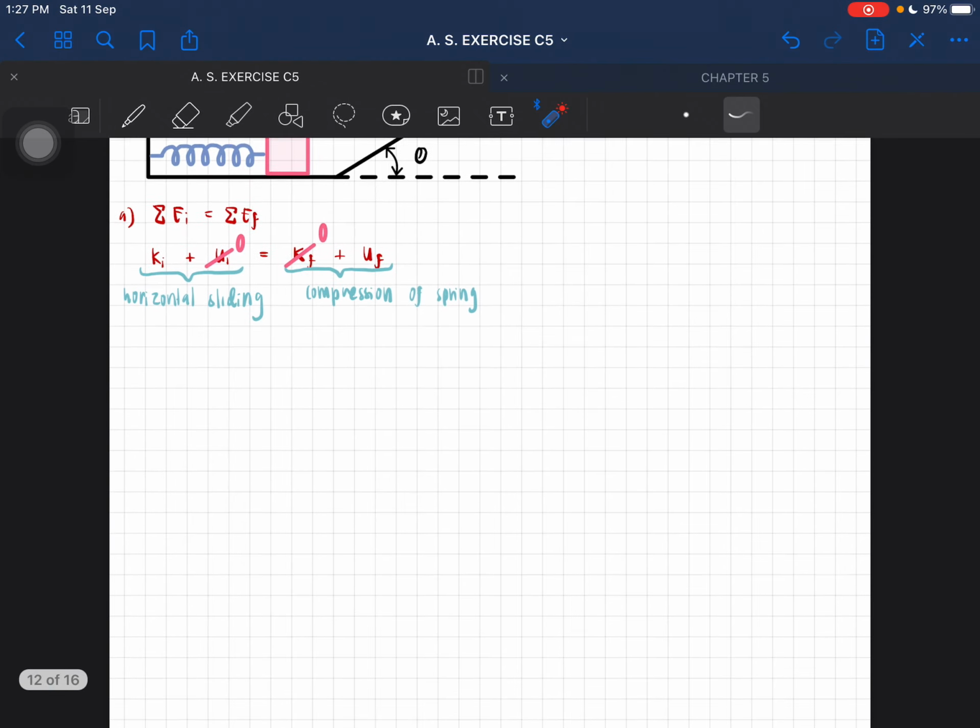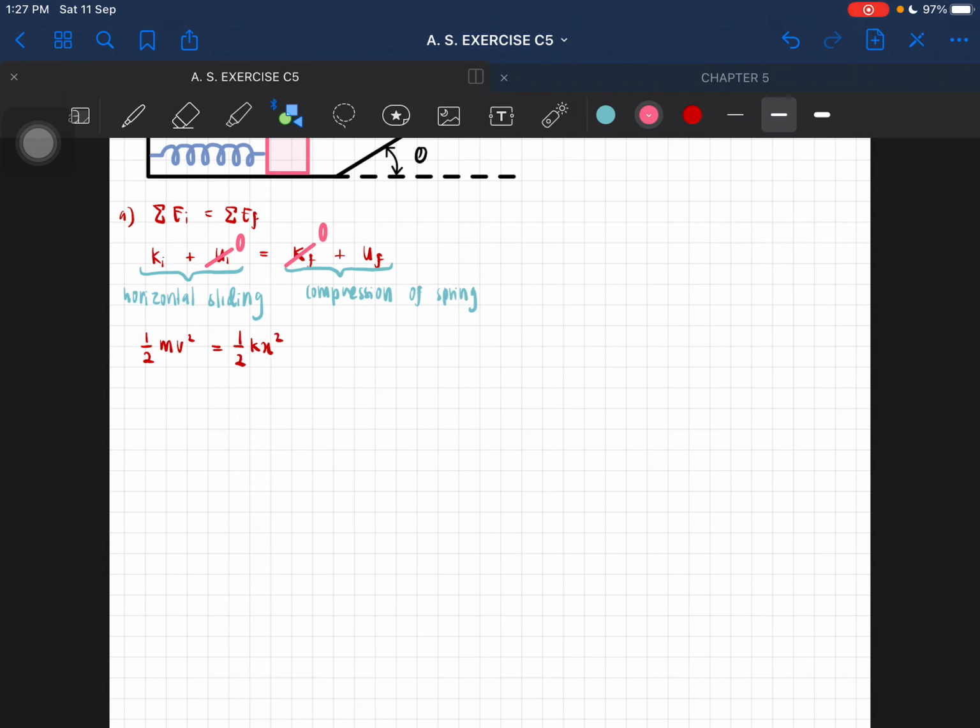Half mv squared, I'm just going to use v since it's the final one, equals the potential energy of the spring, which is half kx squared.